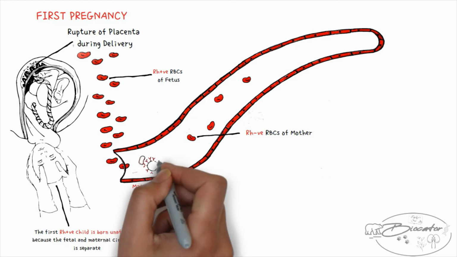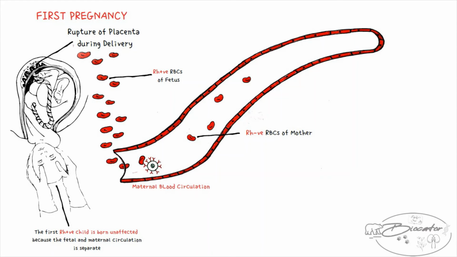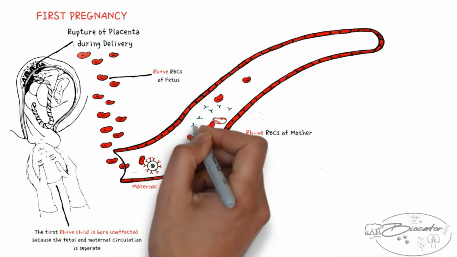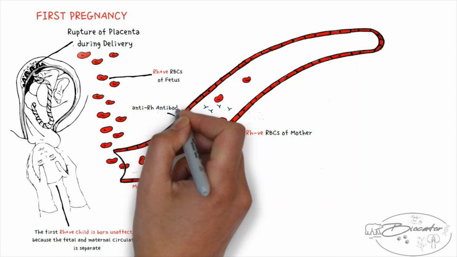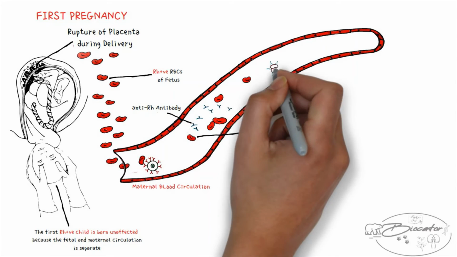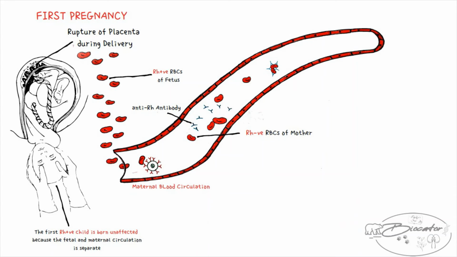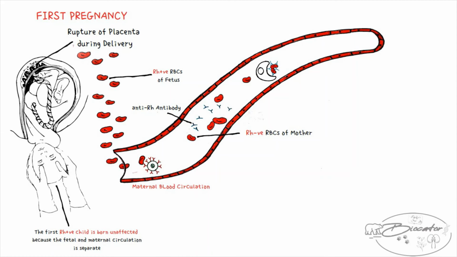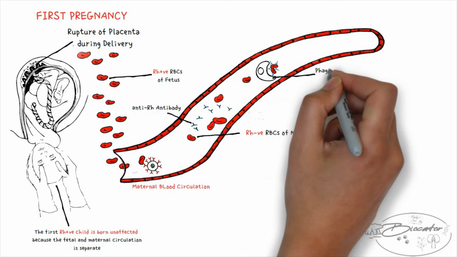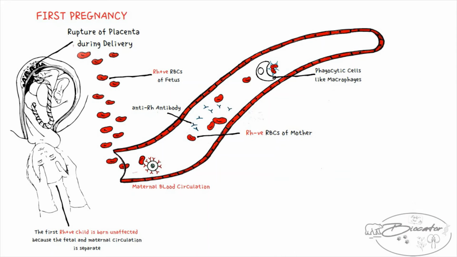These Rh positive red blood cells will come in contact with the B cells, which will begin secreting anti-Rh antibodies in the maternal blood, which will bind to the surface of Rh positive blood cells and initiate phagocytosis by the macrophages and neutrophils. In this way, Rh positive RBCs will be cleared from the maternal circulation.